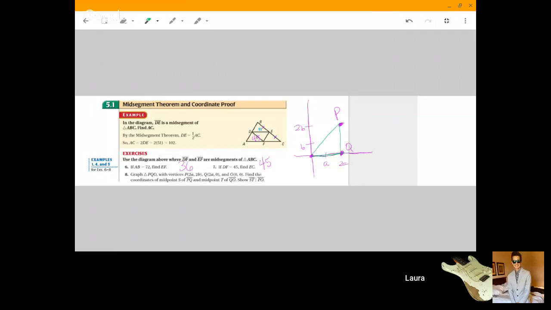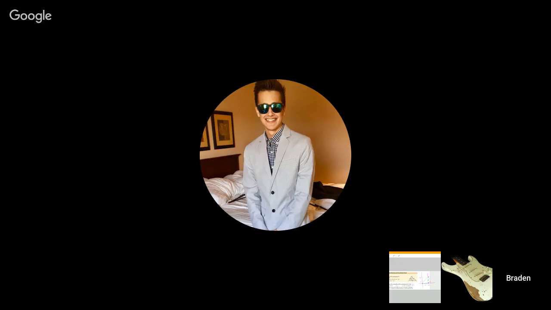How do you find the coordinates of the midpoint S of PQ? So PQ is there. S would be somewhere right around there. How do you find the coordinates of that midpoint? It'd be 1A, 1B.